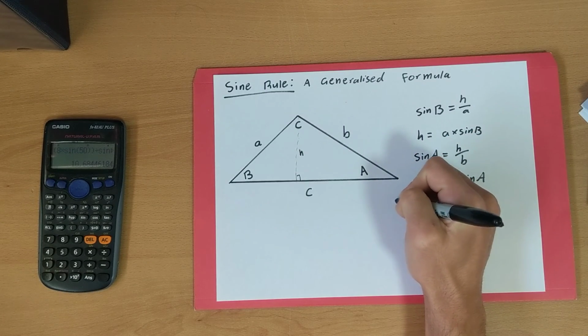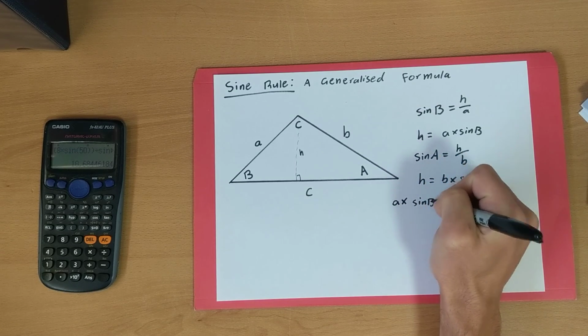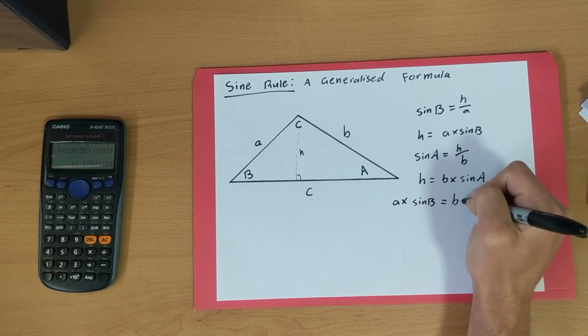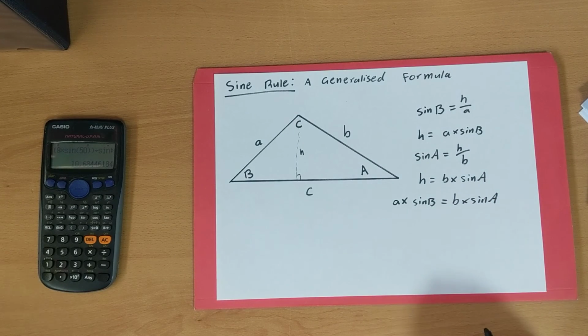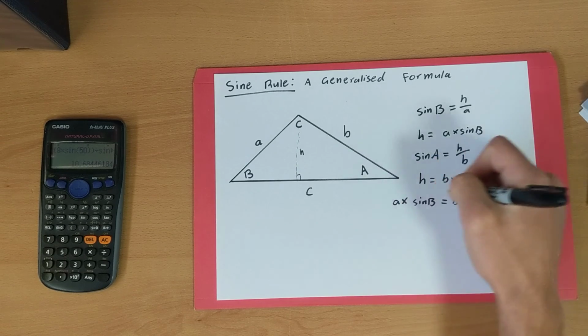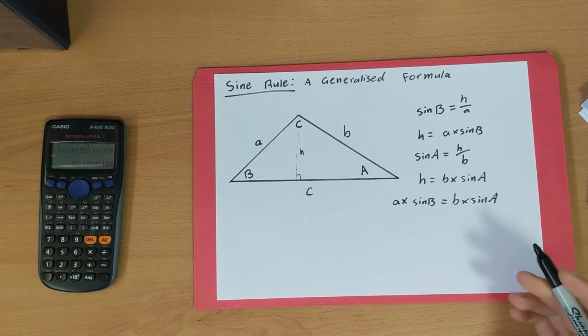So we get that a times sine B equals b times sine A. That is the important general result that will be true for every triangle.